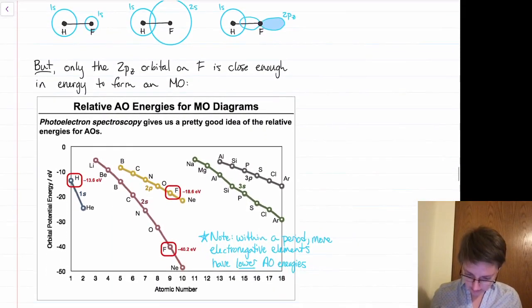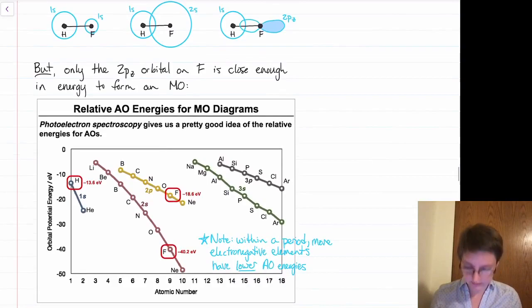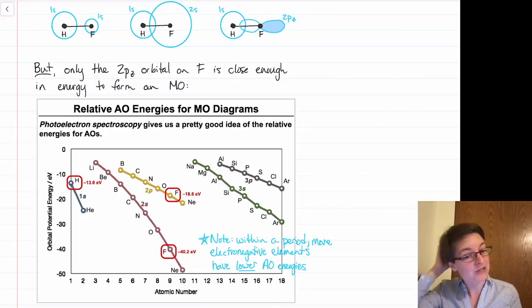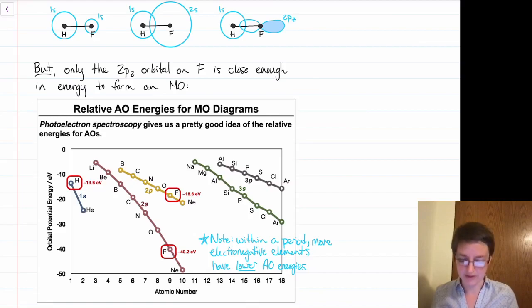To figure out which of these three contenders actually forms a bond with hydrogen, we need to look at the atomic orbital energies for fluorine, and find which orbital on fluorine is closest in energy to the 1s orbital on hydrogen. On this diagram, I haven't even attempted to put fluorine's 1s orbital because it's so low in energy that it extends way beyond the diagram.